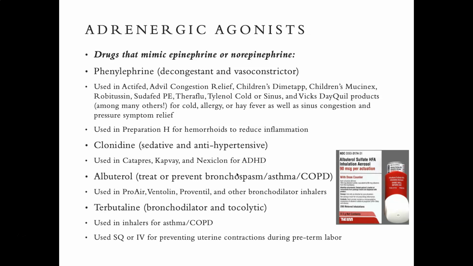This is a bronchodilator, but it's also a tocolytic, and we'll talk about tocolytics in just a minute. It is used in inhalers for asthma and COPD. It can be used subcutaneously or IV for preventing uterine contractions during preterm labor. So make sure you're familiar with phenylephrine, clonidine, albuterol, terbutaline, and what it does.